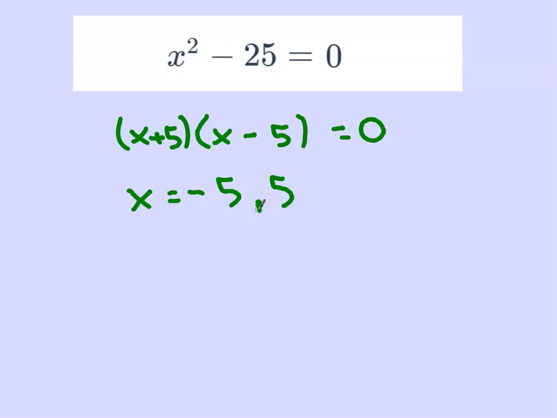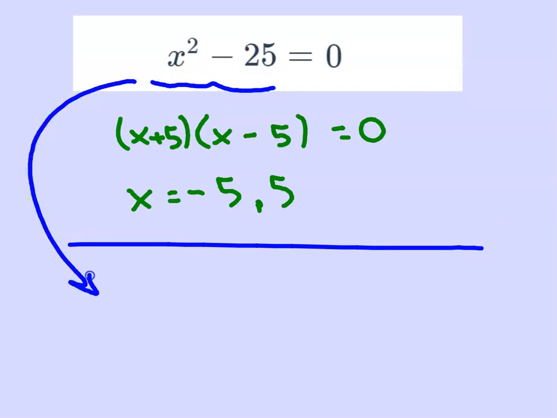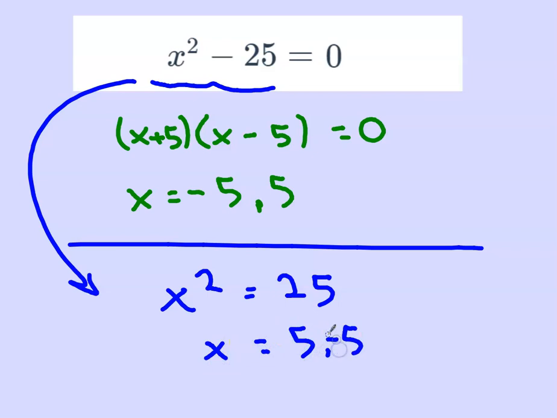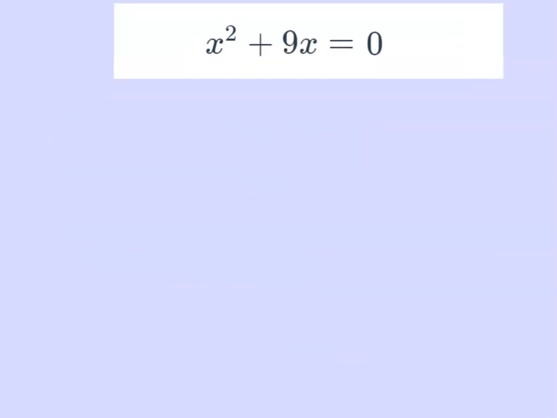By the way, another way you could approach that problem would be to say, look, go from here to here. x squared equals 25, and then you know that the square roots of 25 are 5 and negative 5.